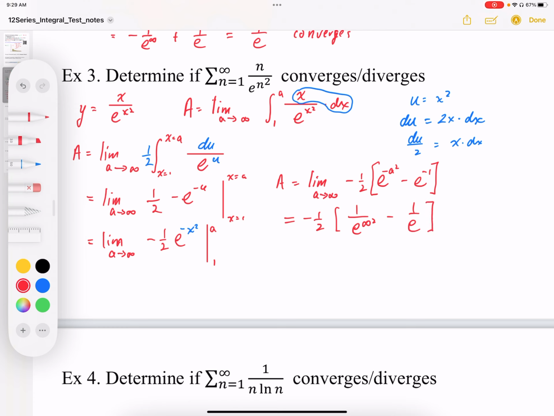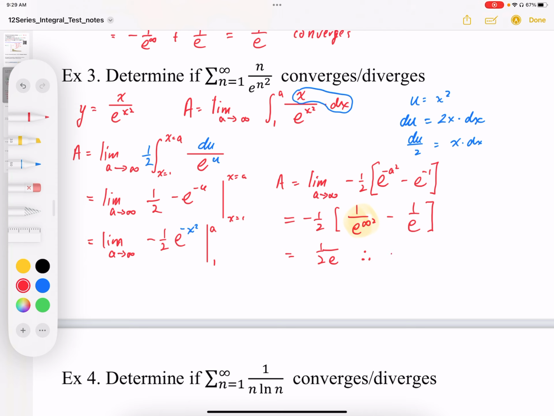And then this portion here is going to become 0, since dividing by e to the infinity squared is going to be 0. And so my answer works out to be negative 1/2 times negative 1 over e, so it becomes positive 1 over 2e. Okay, so again, we're not interested in the actual value, we're just interested in convergence.